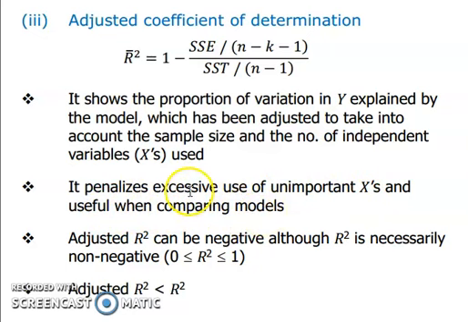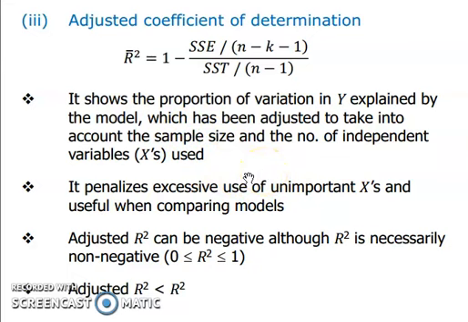The R squared value will increase as you increase the independent variables. So we do not want the value of R squared to increase just because of the number of independent variables.